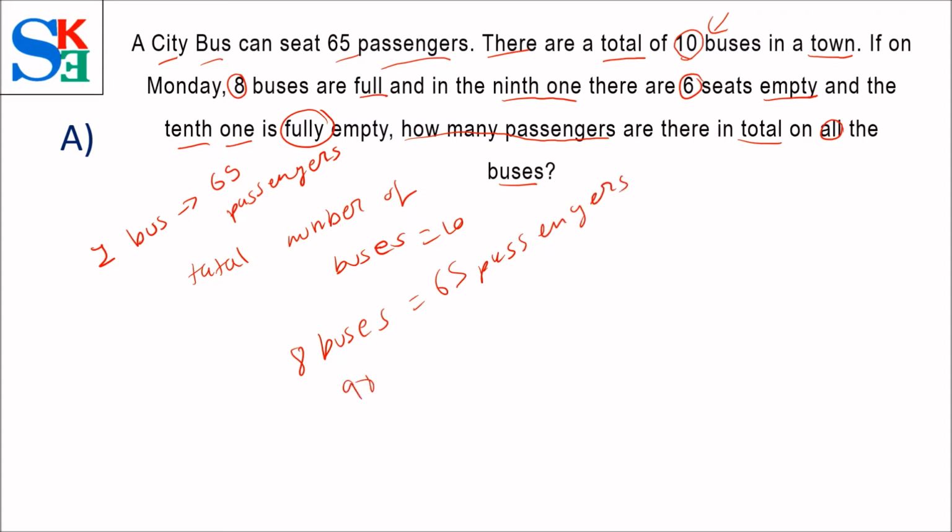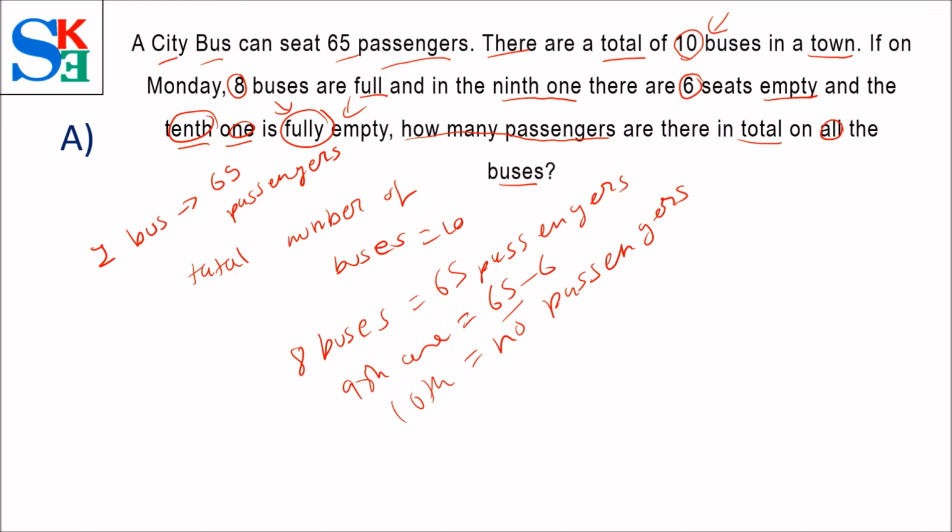And in the ninth one, it has 6 seats empty. That means 65, the total number of passengers, minus 6. And the 10th one, well, no passengers, because it is saying the 10th one is fully empty.